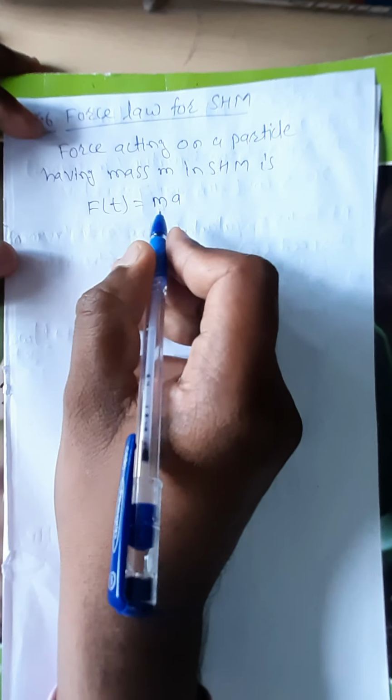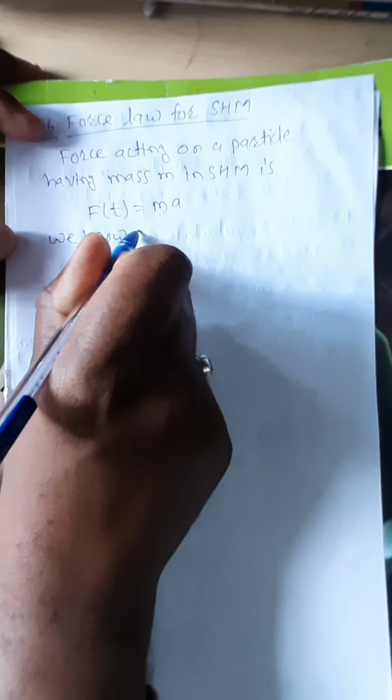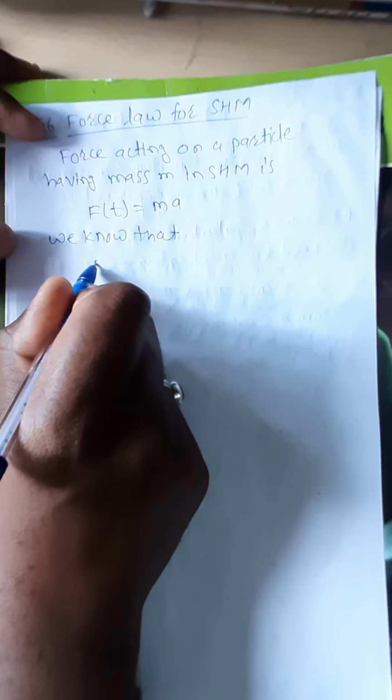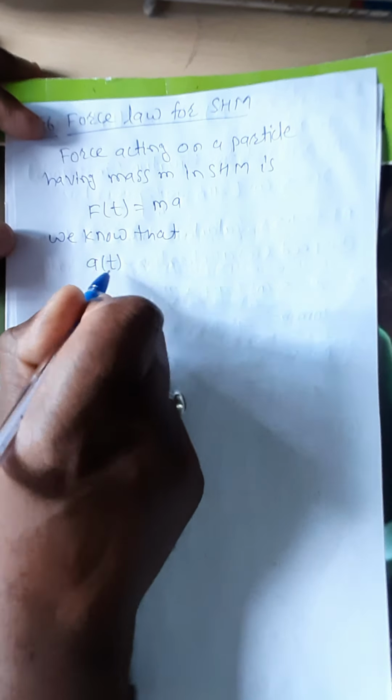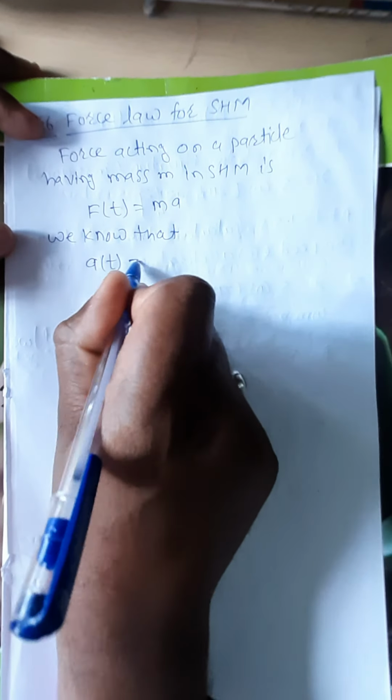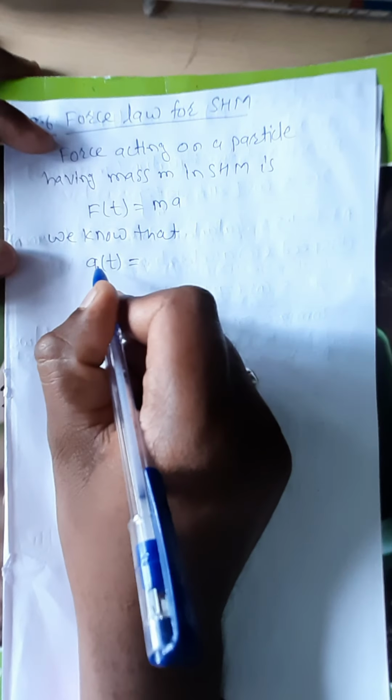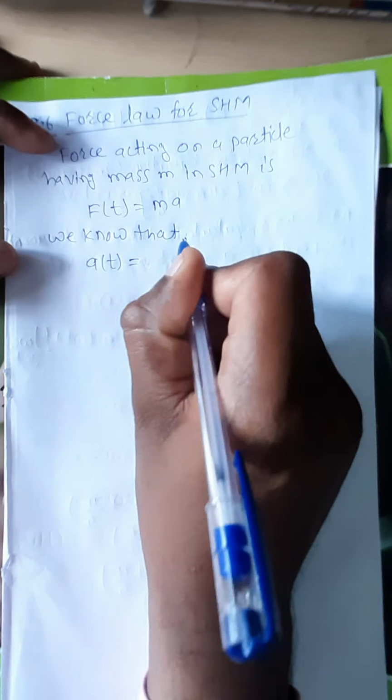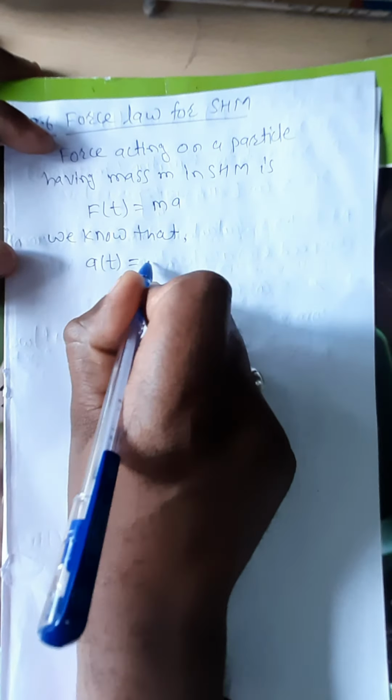Mass into acceleration. But we know the acceleration in simple harmonic motion: a at t is equal to minus omega square x at t.